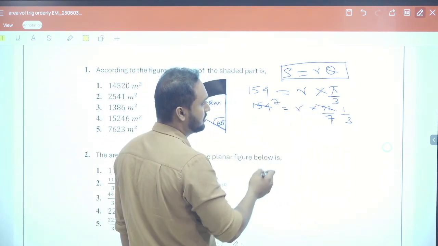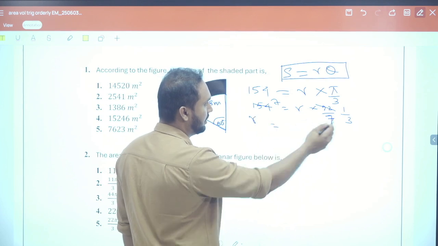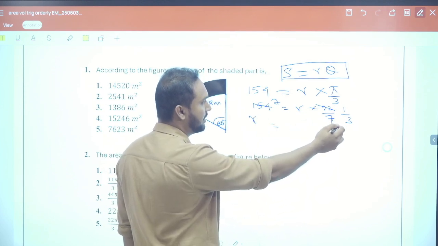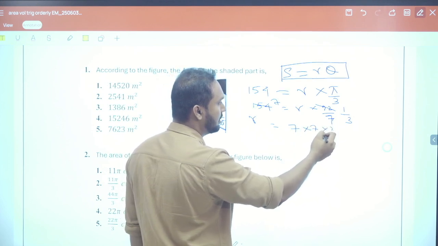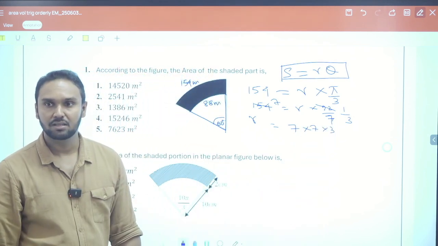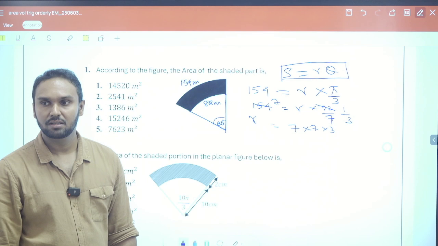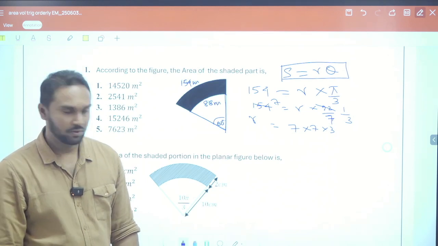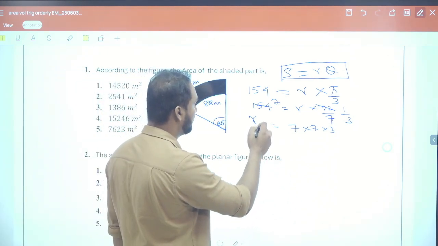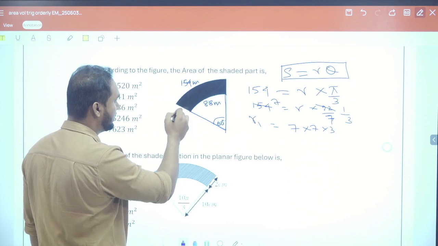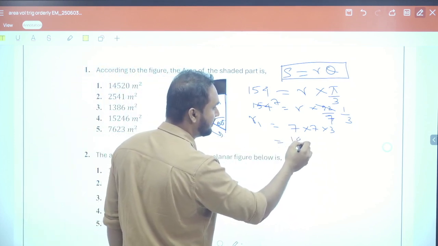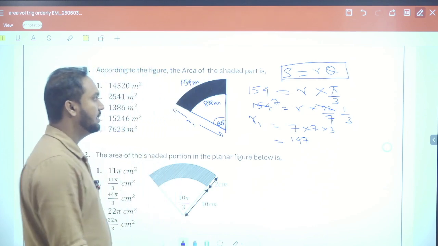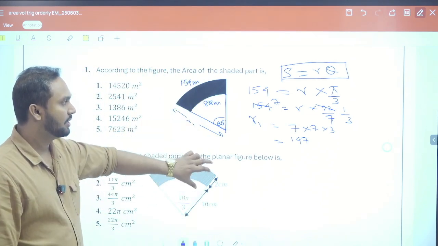So the R will be, you cross multiply this 7 and 3, you get 7 into 7 into 3. That is 49 into 3. How much is it? 49 into 3 is 147. So the R1, we'll take the larger radius as R1, so that is 147.